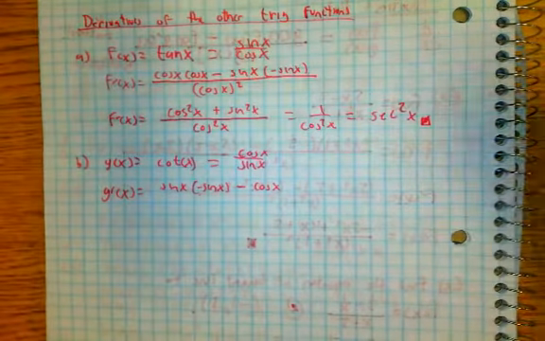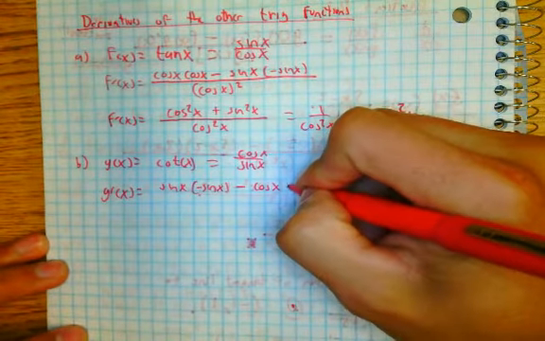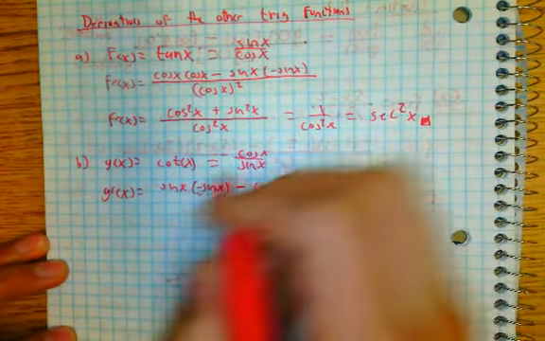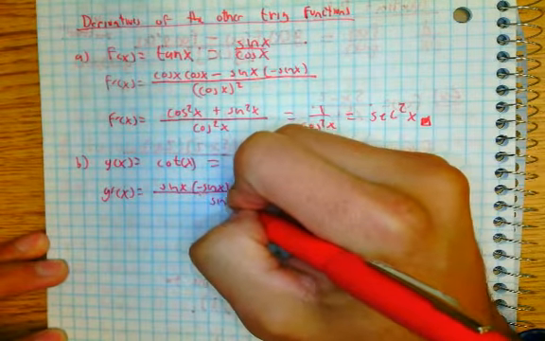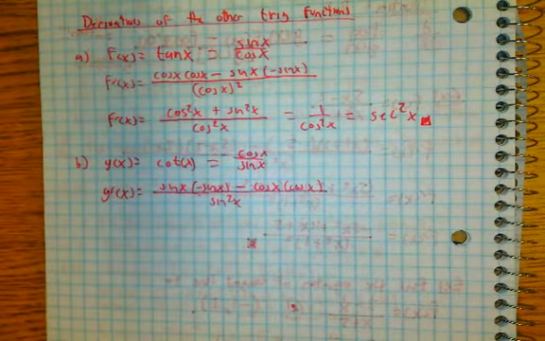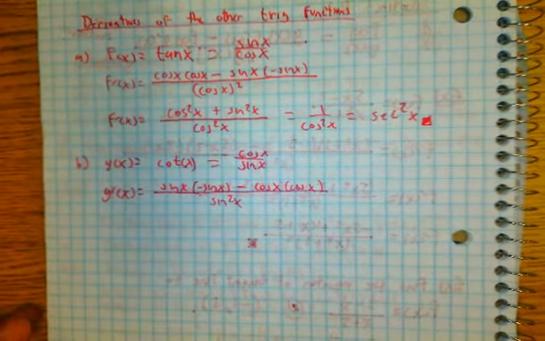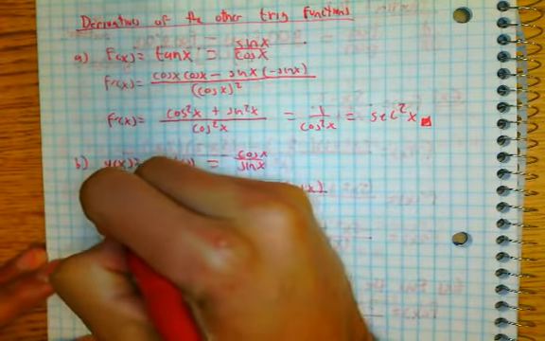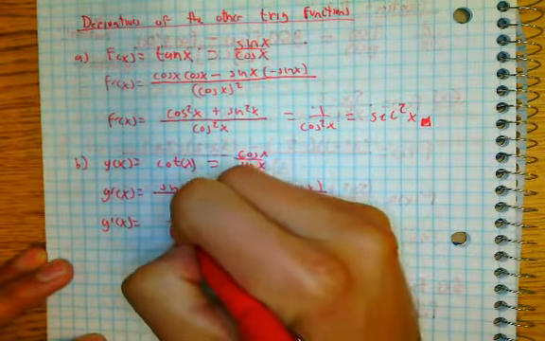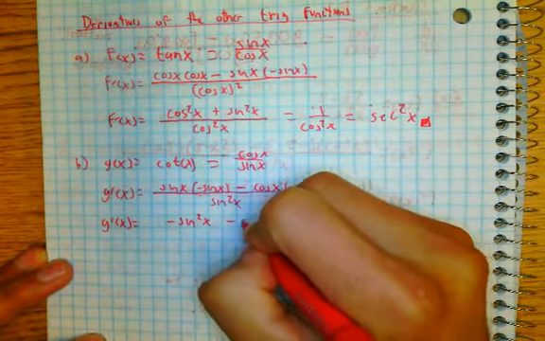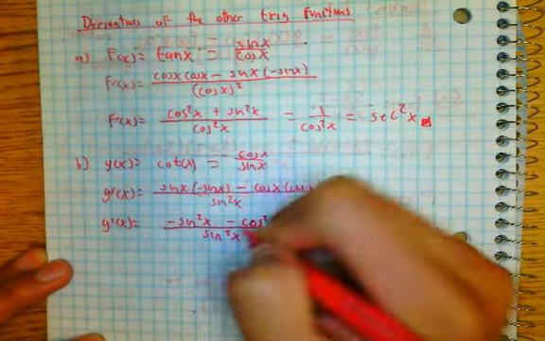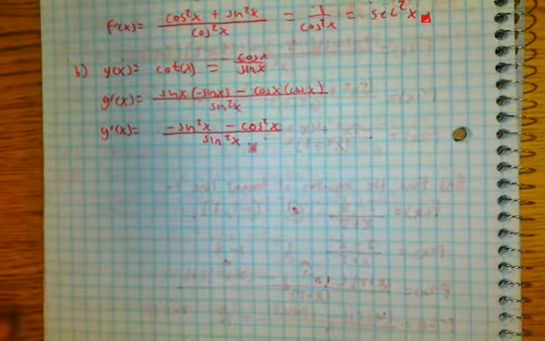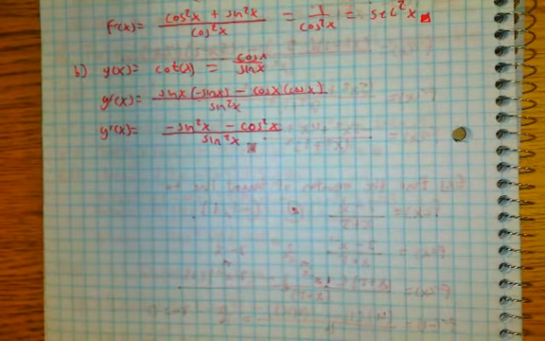Alright, I'm going to go ahead and simplify this out. So g prime of x becomes negative sine square of x minus cosine square of x all over sine square of x. Alright, it looks like I can do something to simplify this out. This looks very similar to the Pythagorean identity, except that I have a subtraction. So what if I factor out a negative 1? Then I have sine square of x plus cosine square of x all over sine square of x.